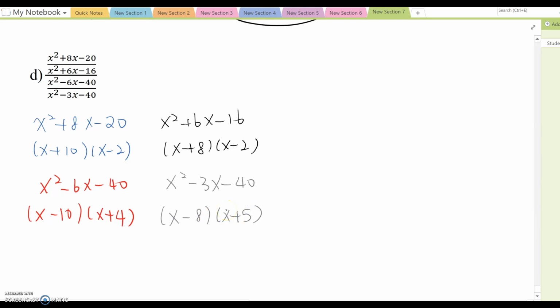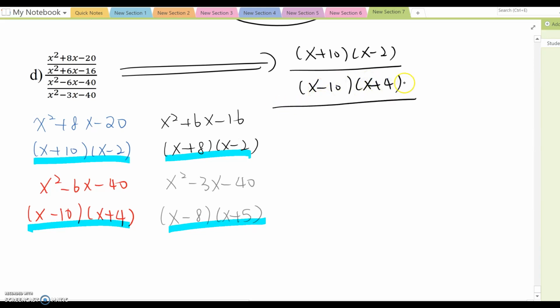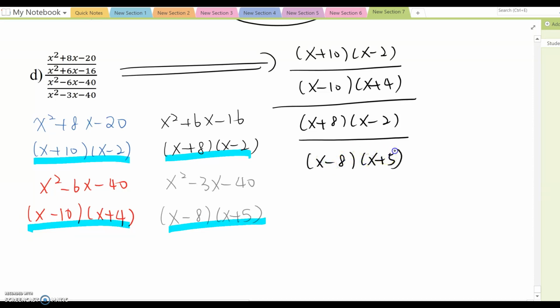So using those factored forms in each expression, this is going to be (x plus 10)(x minus 2) over (x minus 10)(x plus 4), over (x plus 8)(x minus 2) over (x minus 8)(x plus 5).